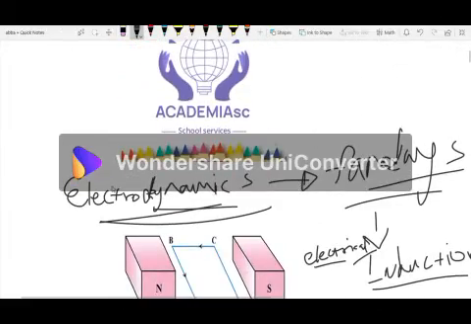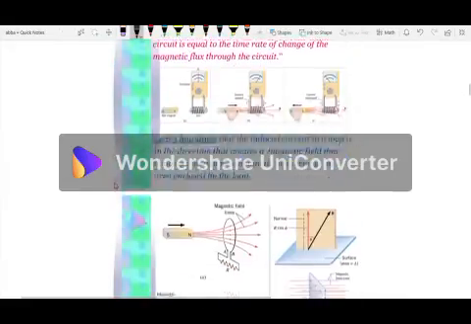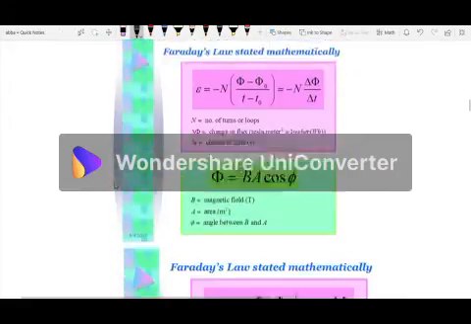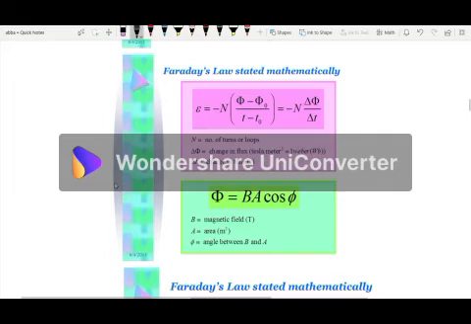So now that's good. Remember that when we first spoke about Faraday in grade 11, the first law that we spoke about is this one here. It's Faraday's law. Stated mathematically, it says the electromotive force is equal to negative the number of turns times the change in what? Magnetic flux. This is the magnetic flux, right?